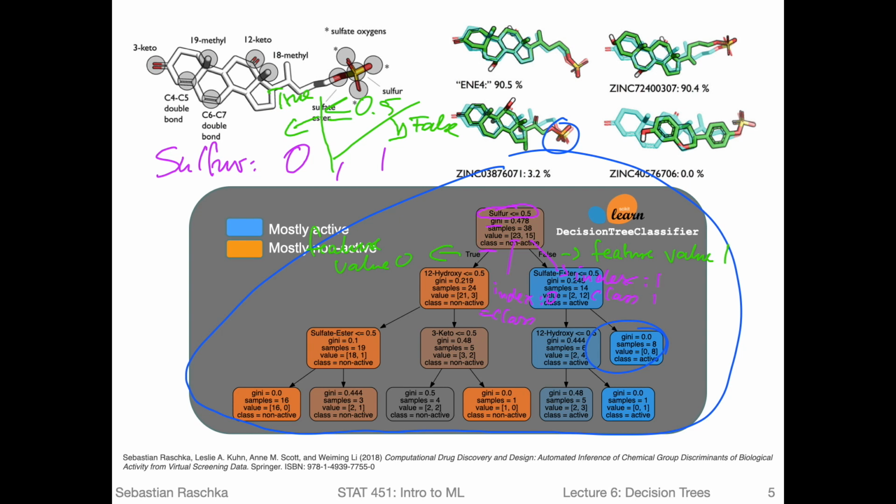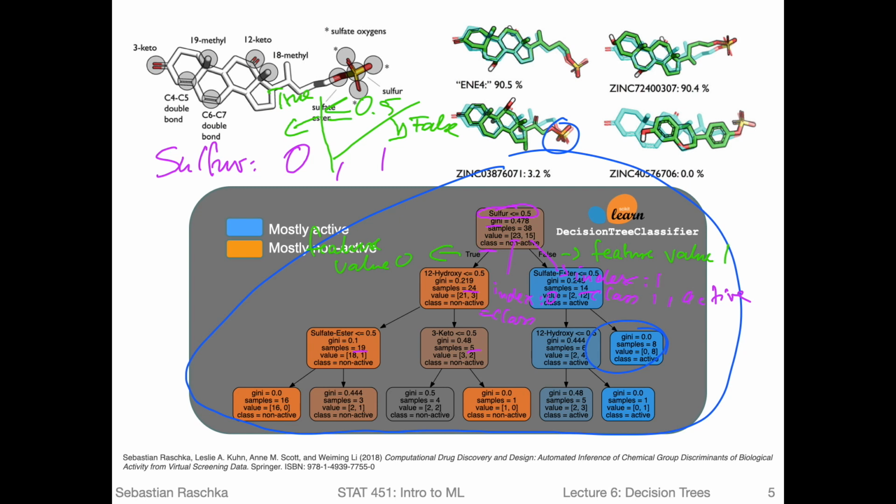In short, 23 of the 38 molecules are class 0, and 15 molecules out of the 38 are class 1. And 1 in our case was active, and the other one was non-active. Then you can see the number of samples always goes down because we split a subset of the training examples further into further subsets.